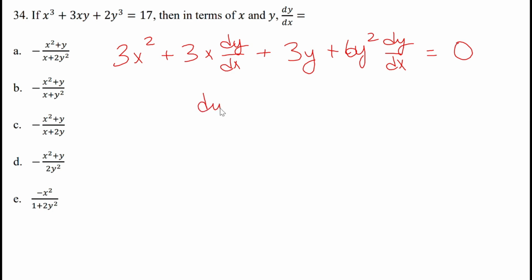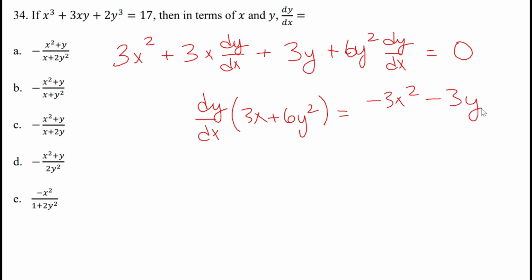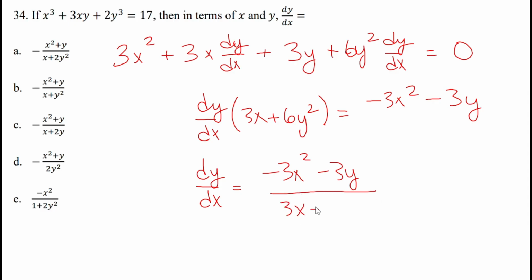Now we're just going to solve for dy dx. So I'm going to factor the dy dx out of the terms that have it on the left side, the 3x and the 6y squared. And then I'm going to subtract the 3x squared and the 3y to the right side, making it a negative 3x squared and a negative 3y. So we end up with dy dx is equal to negative 3x squared minus 3y over 3x plus 6y squared, which of course we can divide everything by 3, right?